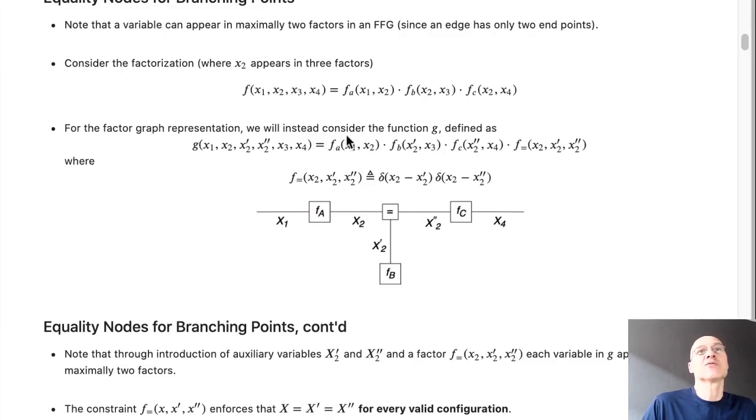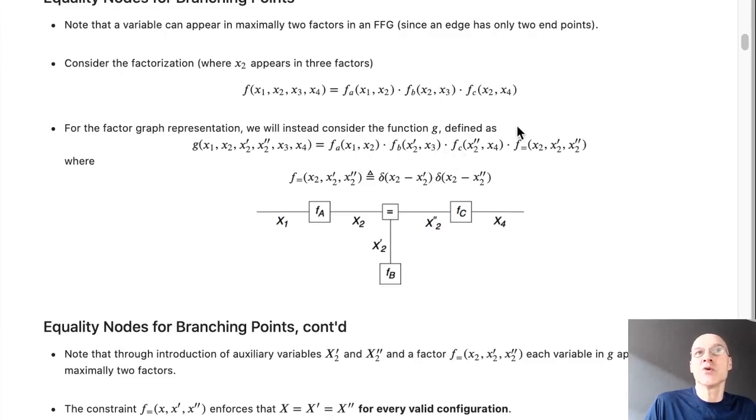Well, we construct a new function g, composed of the same subfunctions fa, fb, fc, but now I still have x2 in fa, while fb is a function of an auxiliary variable x2 prime, and fc is a function of an auxiliary variable x2 double prime.